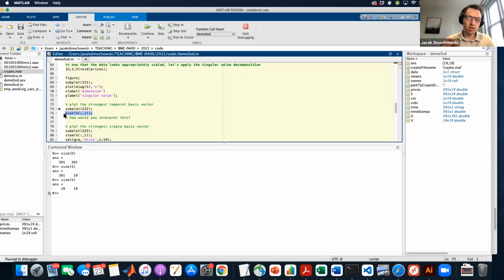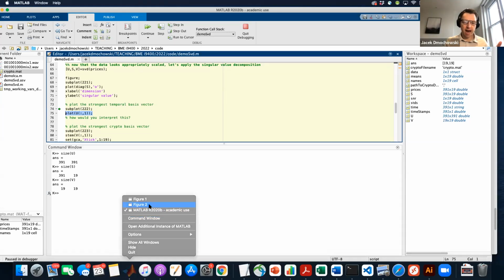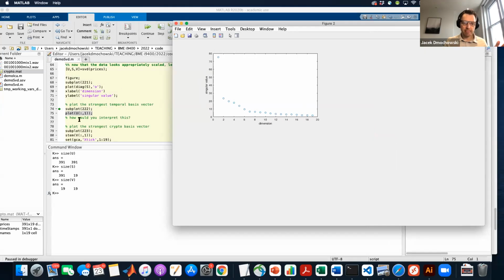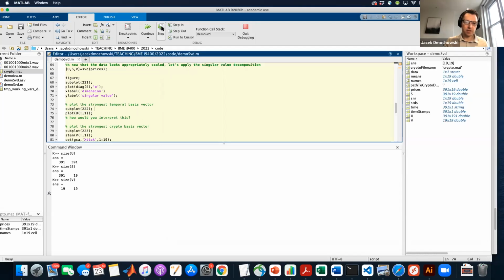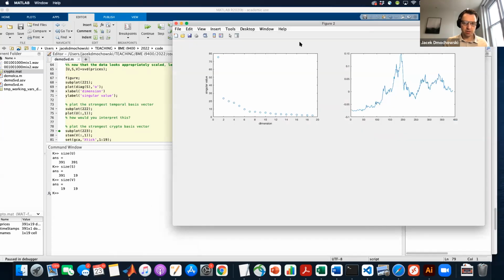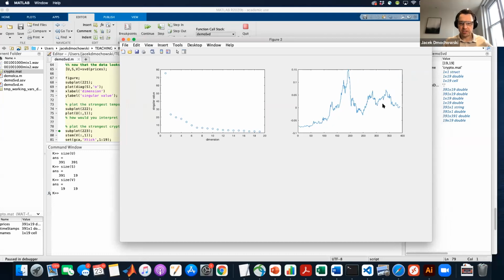Remember that the columns of u are matched to the singular values. This first column of u corresponds to this singular value. It's essentially a time series, the most dominant temporal mode in my data.